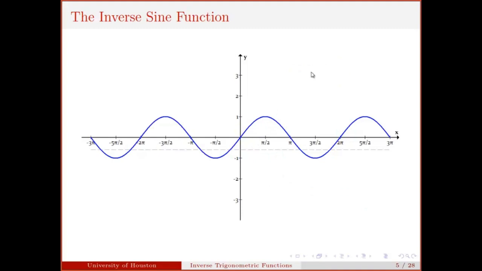On the other hand, if we consider the equation sine x equals negative 3/5, then there is no natural choice for which angle sine inverse of negative 3/5 should represent.